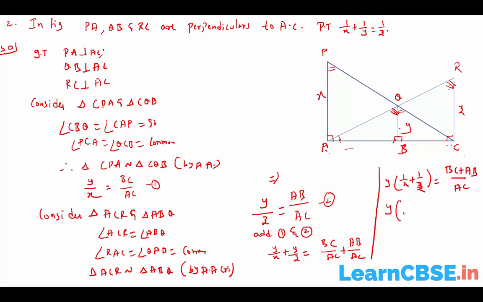So y into 1 by x plus 1 by z equals AC by AC, because BC plus AB is nothing but AC, that is equal to 1. Now 1 by x plus 1 by z equals, bring y to the right side, we get 1 by y. Hence proved what he asked. Going for the next question.